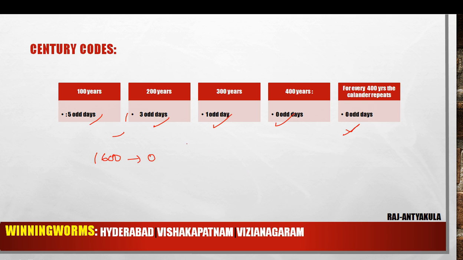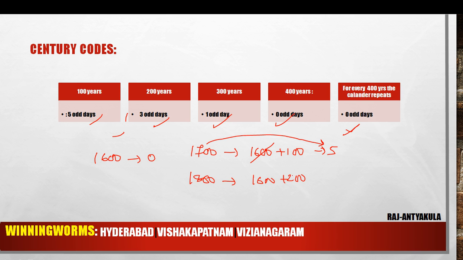For example, if you want to find the number of odd days for 1700, 1700 can be written as 1600 plus 100. For 1600, the number of odd days is 0. For 100 years, how much? It is 5. So for 1700, the number of odd days is 5. For 1800, we can simply say 1600 plus 200. For 1600, it is 0.